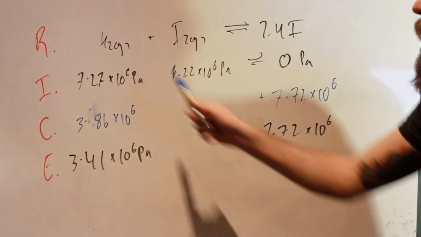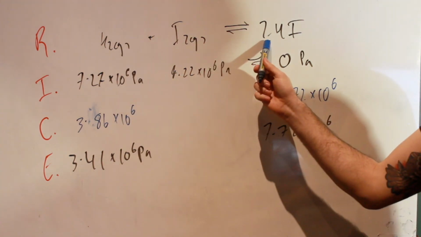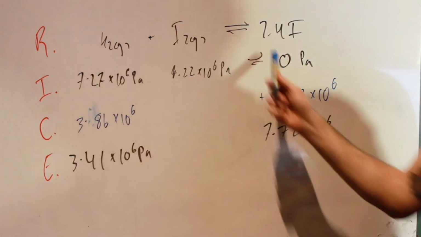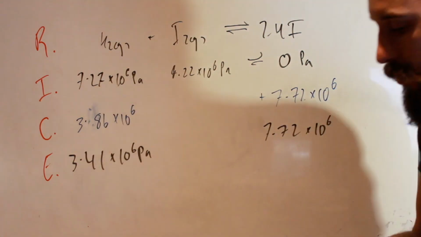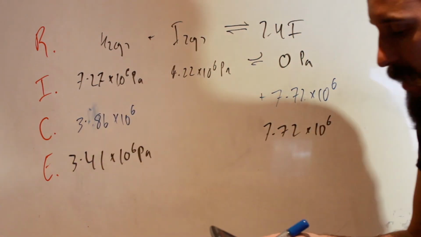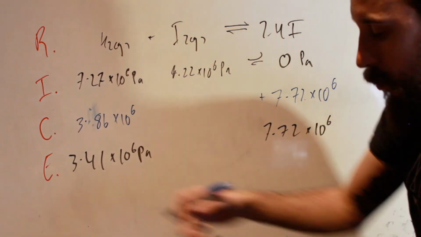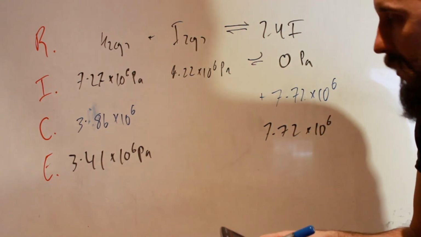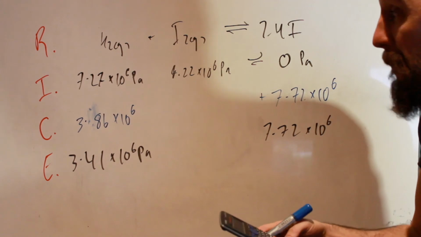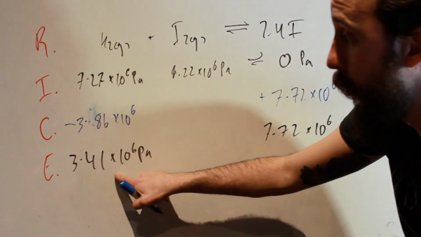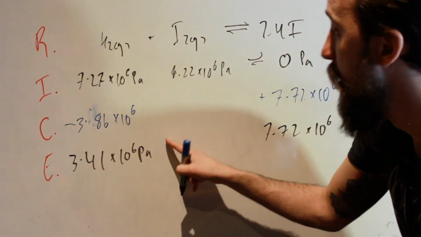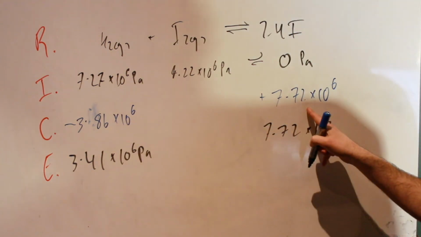So if there's one of those for every 2 of those, we're going to have half the decrease for the increase that we see over here. And we can double check that because 7.27 minus 3.86, I've got to remember my minus signs, is going to equal 3.41, and that's in fact what we've observed here. So there's 2 ways that we can check that.